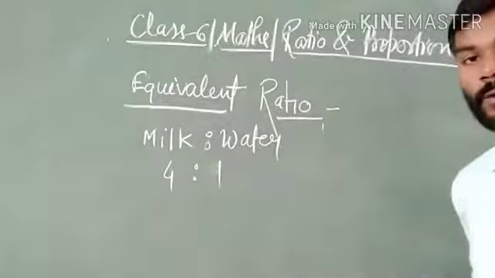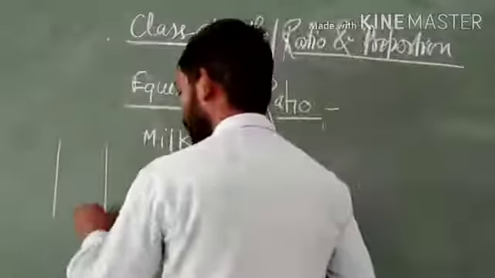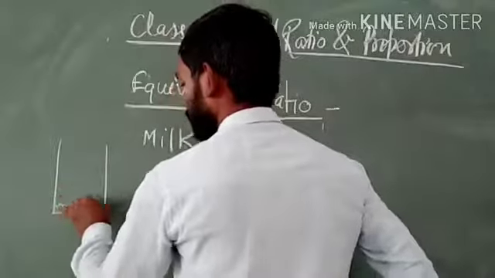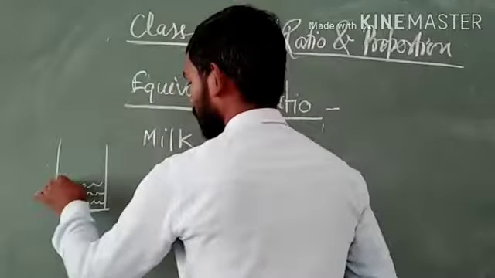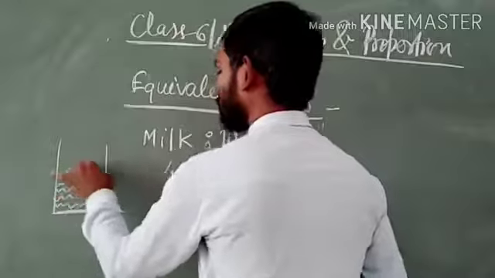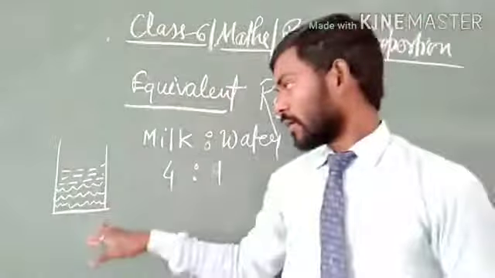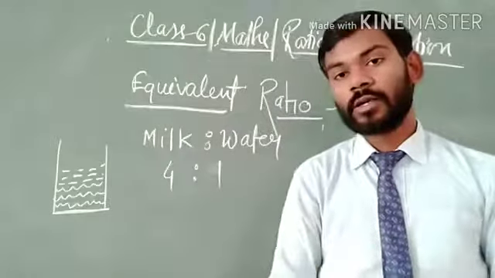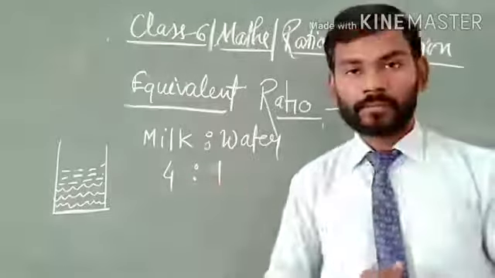Here I have a drum in which this is the milk, and the dotted line represents water, which are mixed together in a tank. There milk and water are mixed together in ratio 4 ratio 1.